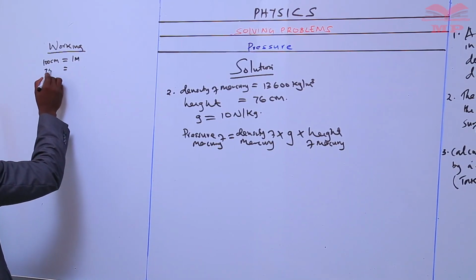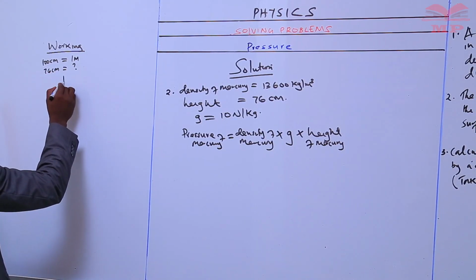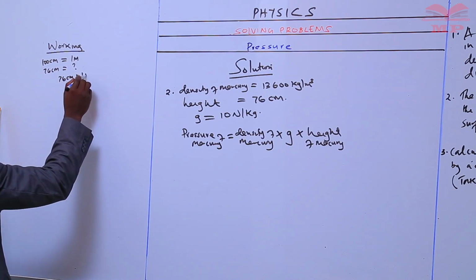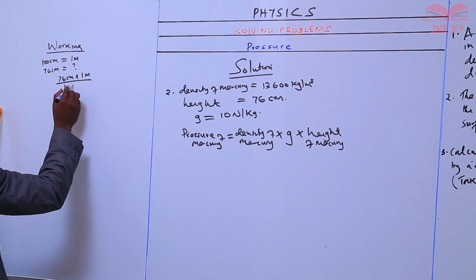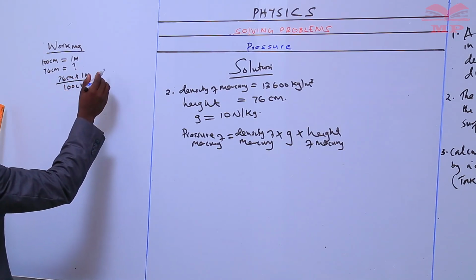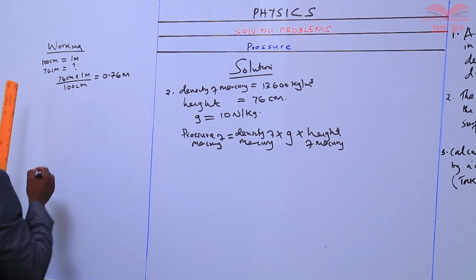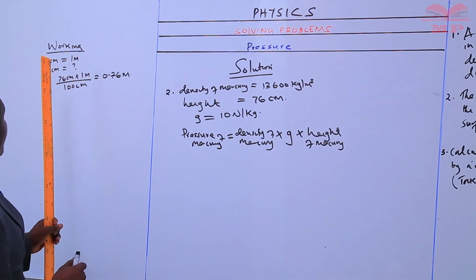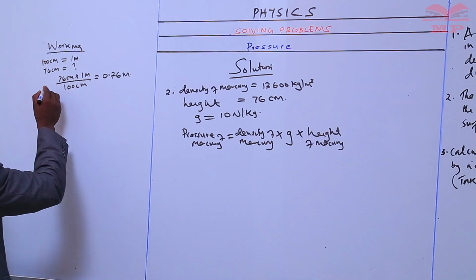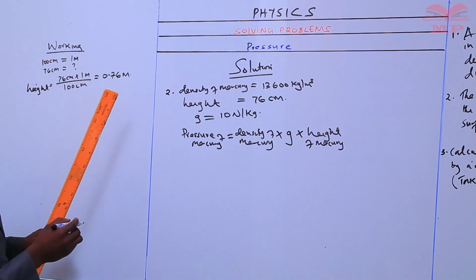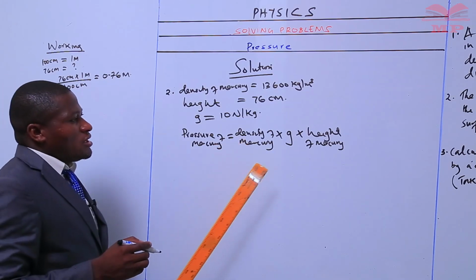So what about 76 centimeters? We have 76 centimeters times 1 meter over 100 centimeters. This gives me 0.76 meters, which is my height in meters.